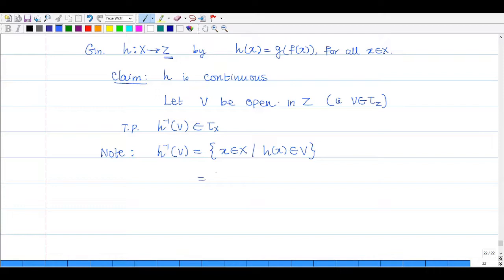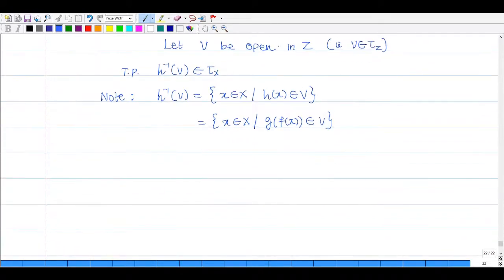This is equal to the set of all x belongs to capital X such that g of f of x belongs to V. இப்படி இருக்கணும். ஒன்றும் இல்லை, அதனுடைய டெஃபனேஷன் எழுதியிருக்கேன், வேறு எதுவுமே எழுதலை.